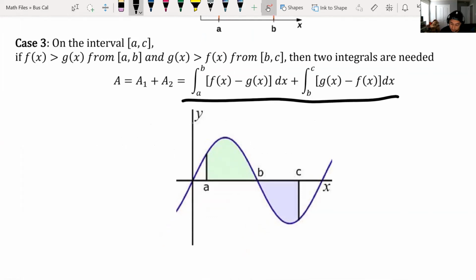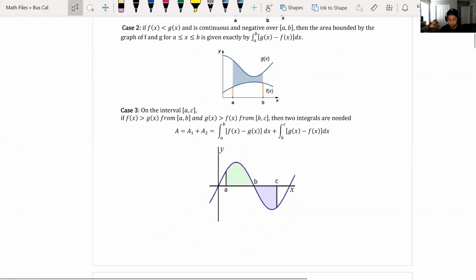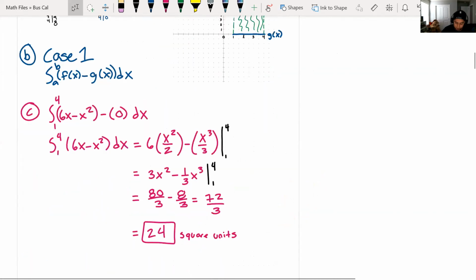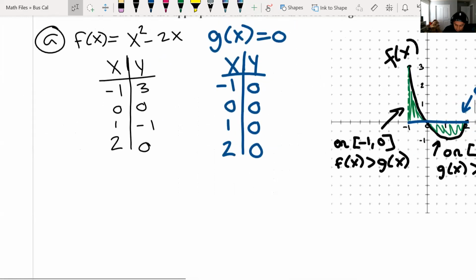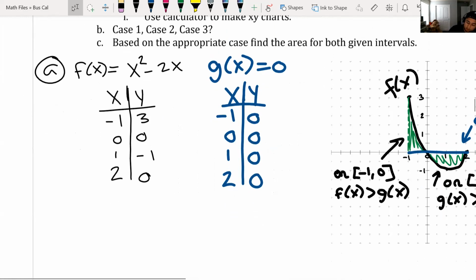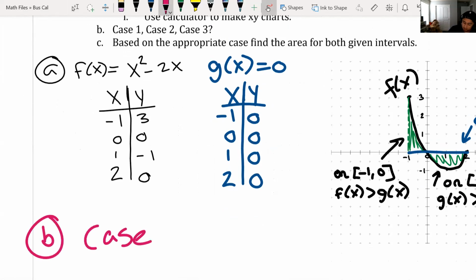Okay, that's what we're using. All right. So case 3, let's go back. So this will be B. B is a case 3.